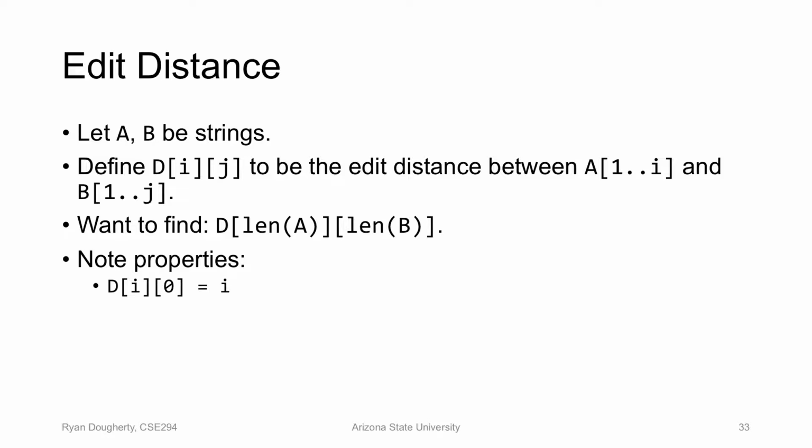Delete them all. Yeah, so that's exactly why it's I here. Another property is, since I'm transforming A to B, I'm considering 0 characters of A and the first J characters of B. So why is it J here? It's almost the same thing. It's not deletions. Insertions, yeah.